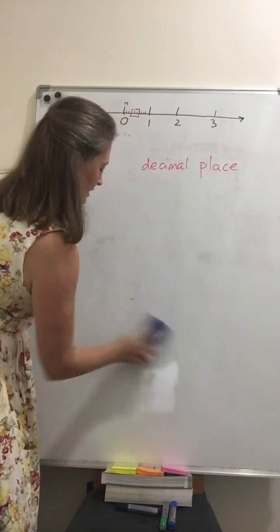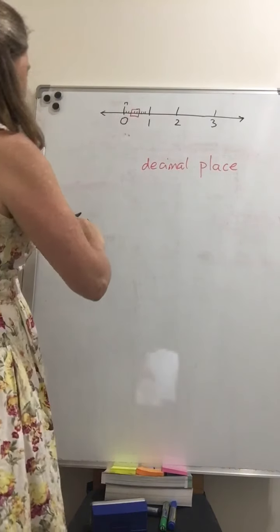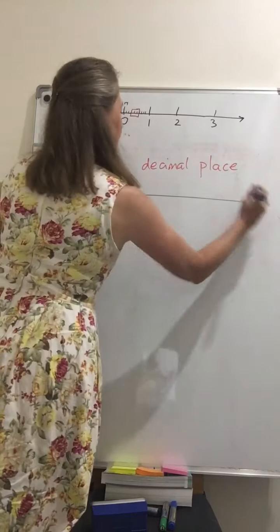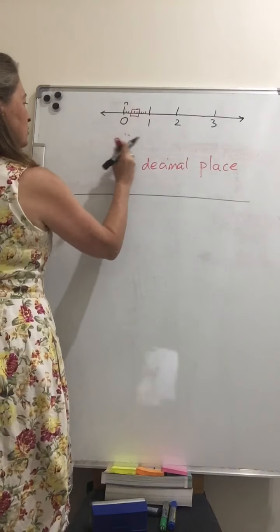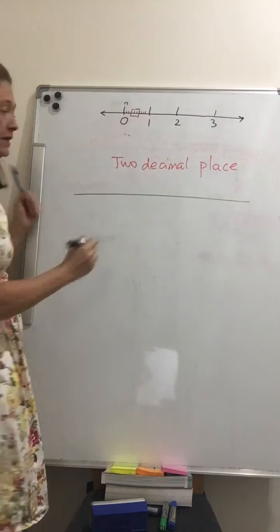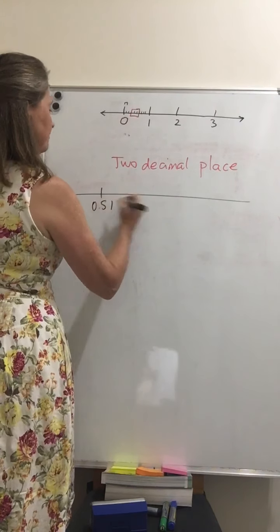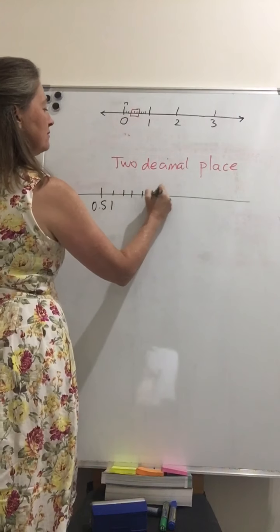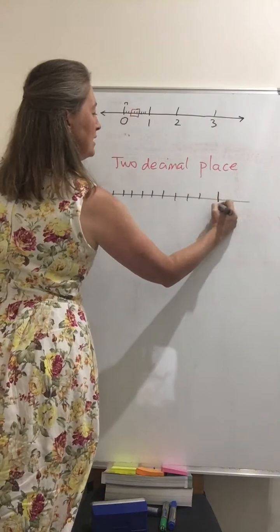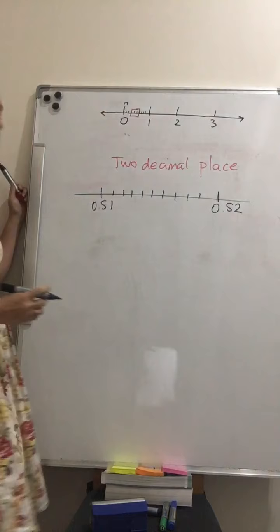All right, so what we're going to do now is we're going to have a look at rounding off to 2 decimal places. So I'm going to come back to drawing it on a number line again, and this time we're going to go from 0.51, 1, 2, 3, 4, 5, 6, 7, 8, 9, 10, 0.52.